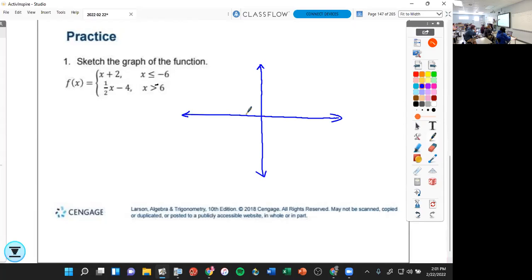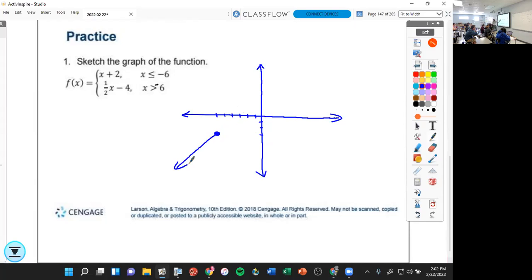Okay, if you plugged in -6, what do you get? -6, -4. 1, 2, 3, 4, 5, 6. 1, 2, 3, 4. About here, open or closed circle? Closed circle with a slope of 1, right? But I'm going this way. Shall we follow that?